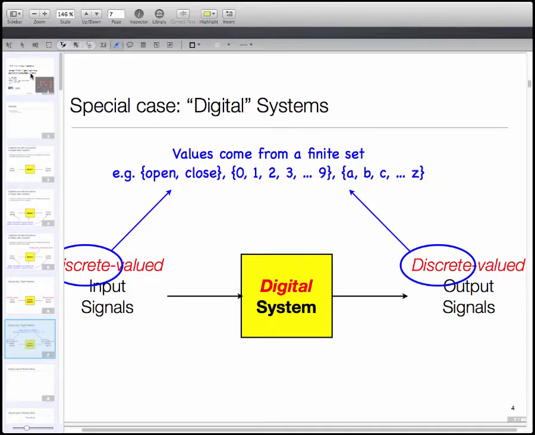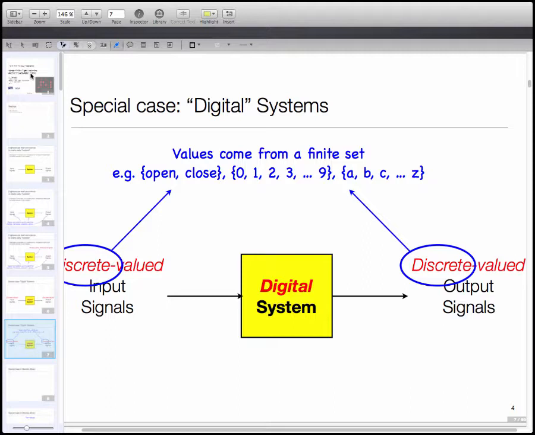Let's take an example. A possible value may be open or closed. My system could be designed to detect the state of a doorway, whether it's open or closed, and based upon that ring a buzzer. In that case, the output is buzzer on, buzzer off, and the input is door open, door closed.